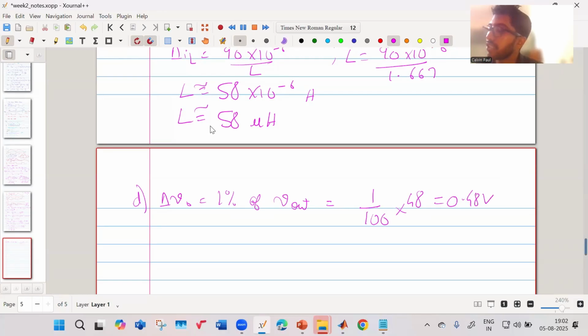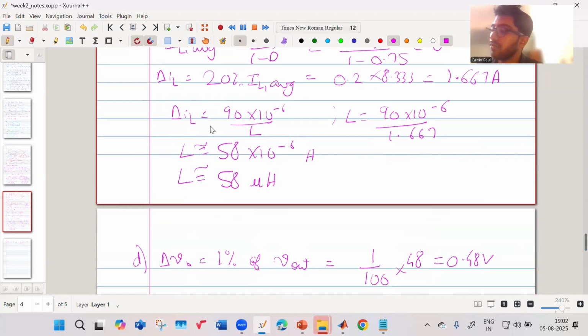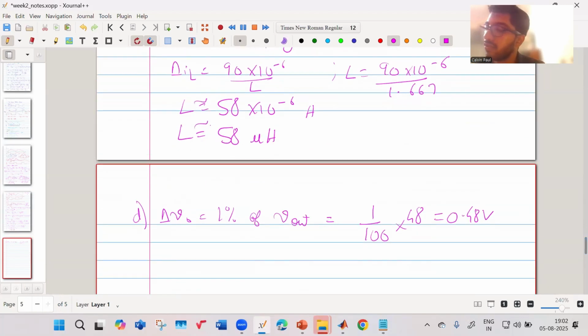But we already found an expression for delta V output, that is 15.625 into 10 to the power minus 6 upon C, right? So 15.625 into 10 to the power minus 6 upon C is equal to 0.48.